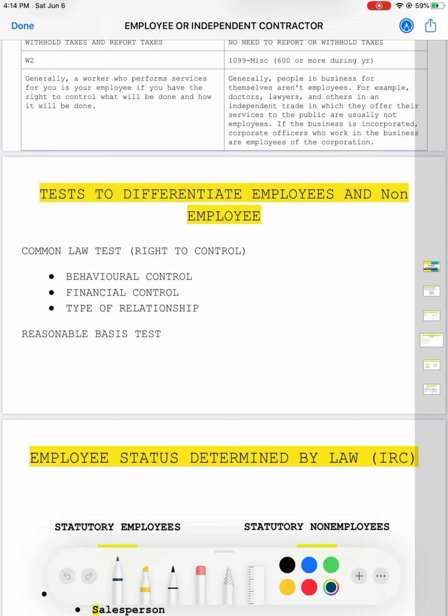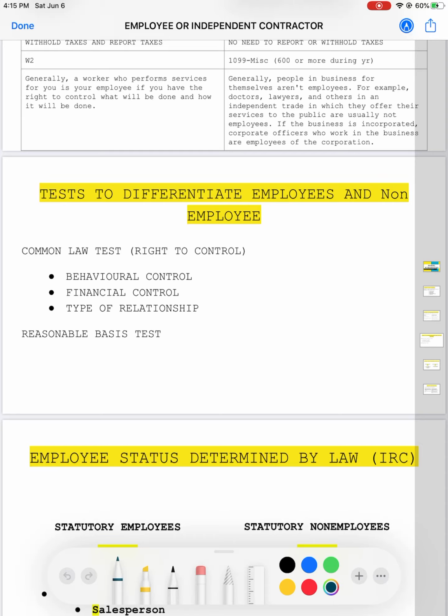While there is no uniform definition of an employee under the payroll laws, most workers can be classified as either employees or independent contractors once the common law test has been applied. And the key for the common law test is the right to control. The control can be of three types: behavioral control, financial control, and the type of relationship.